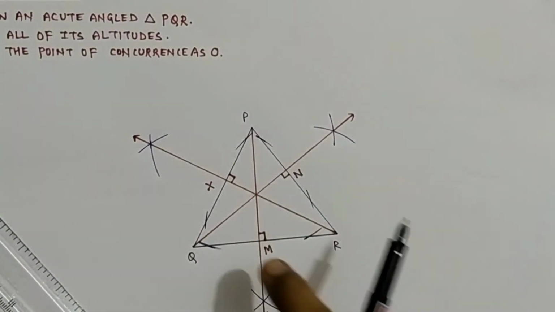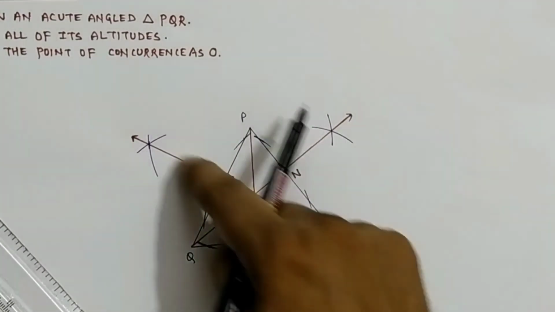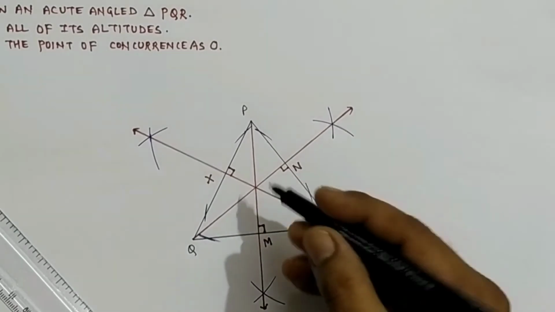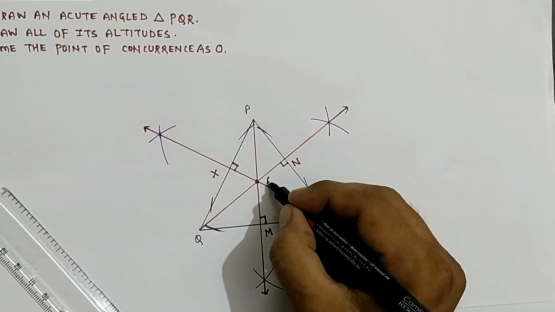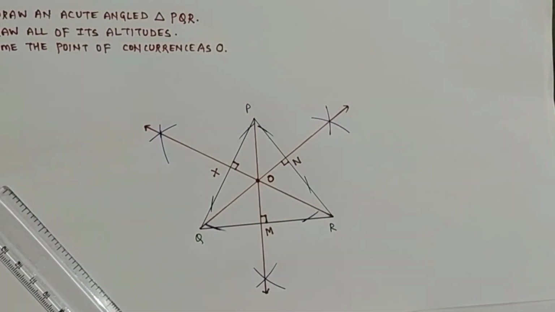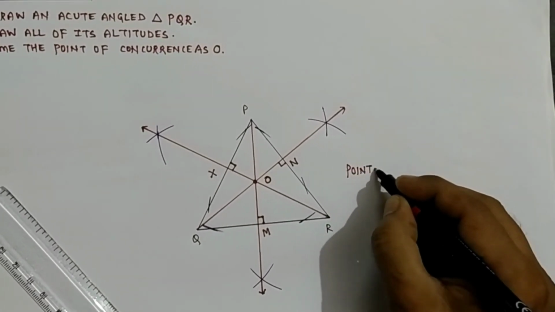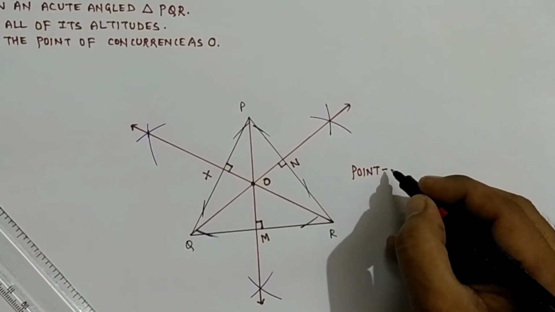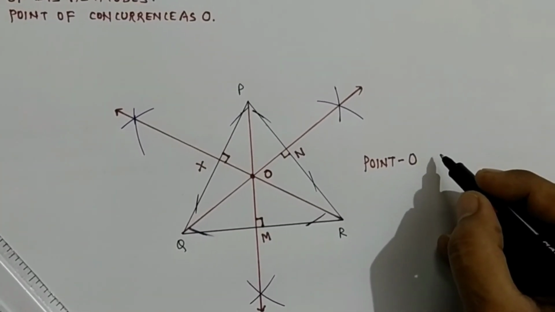Students, you can see that all three perpendiculars from Q, from P and from R, that is all three altitudes, meet at this point. This is the point of concurrence, name it as point O. This point O is the orthocenter.